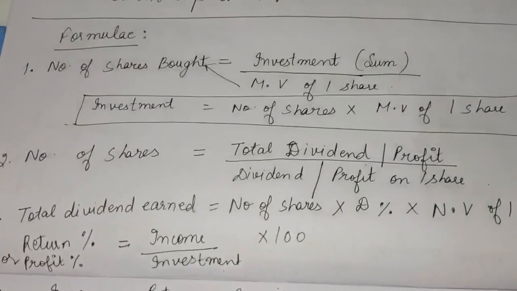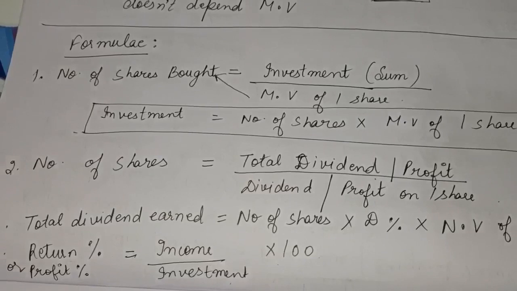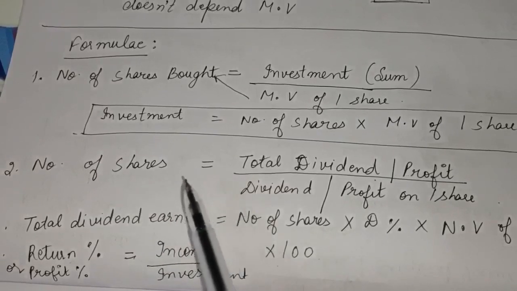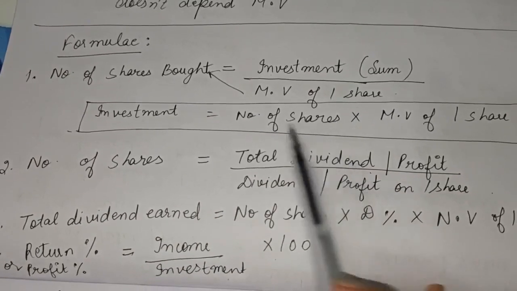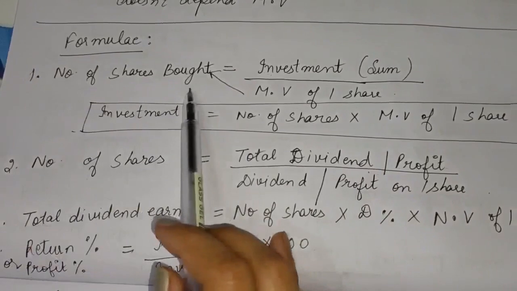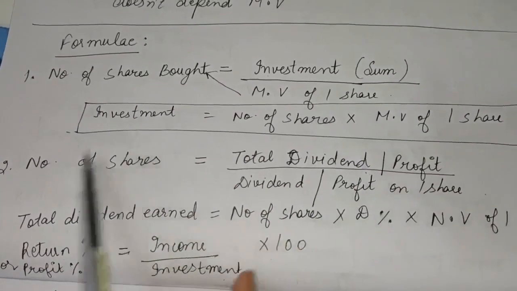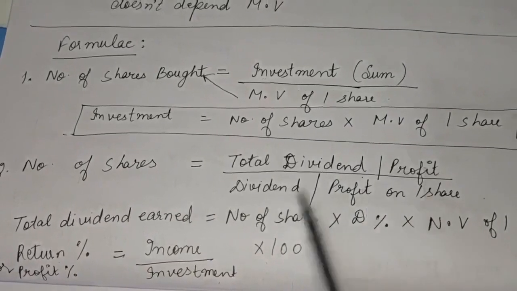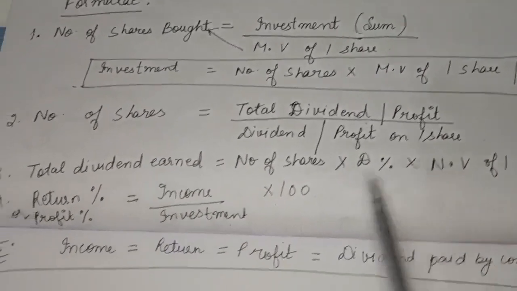So once again I'll show you the formulas. Always we have to see which things are given to us, and accordingly decide which formula to use. Number of shares bought is investment by market value of one share. Another formula for number of shares is total dividend or profit by dividend or profit on one share.